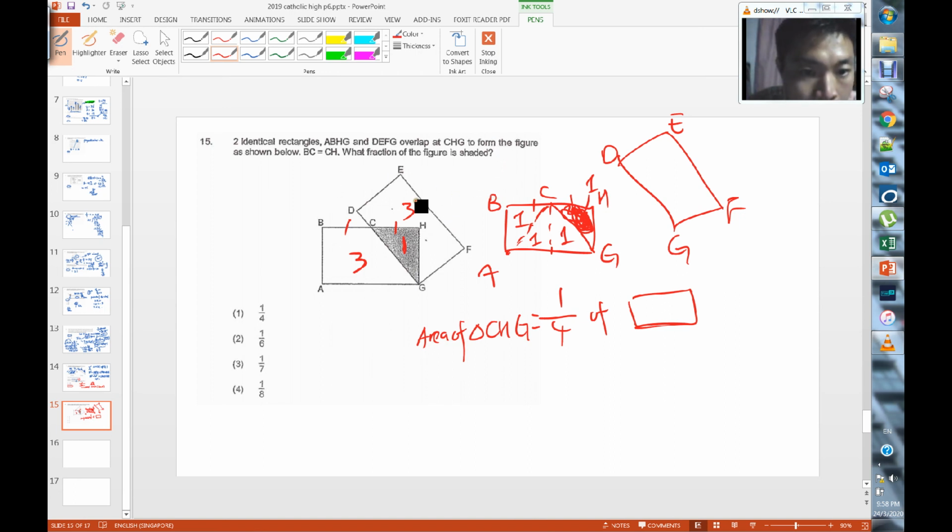So what's the total? The total is 3 plus 1 plus 3, which is 7. One of it is shaded, therefore you choose option 3. So 1 out of 7 is shaded. Therefore the answer is 1/7.